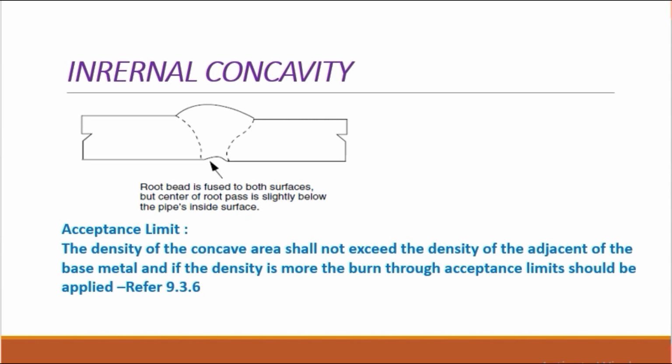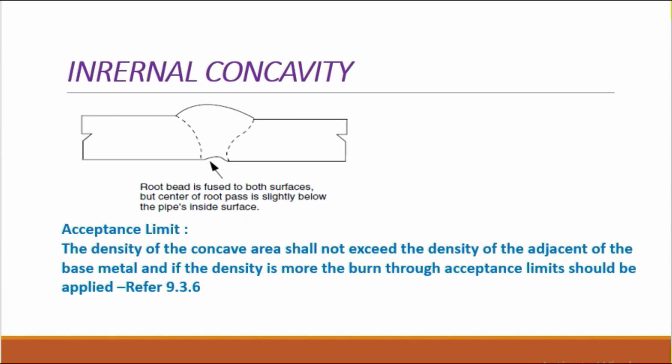So what will be the acceptance limit for this type of defect? The density of the concave area shall not exceed the density of the adjacent base metal. It means if the density in the concave area is more than that of the base metal, then the burn through acceptance limit should be applied, 9.3.6.